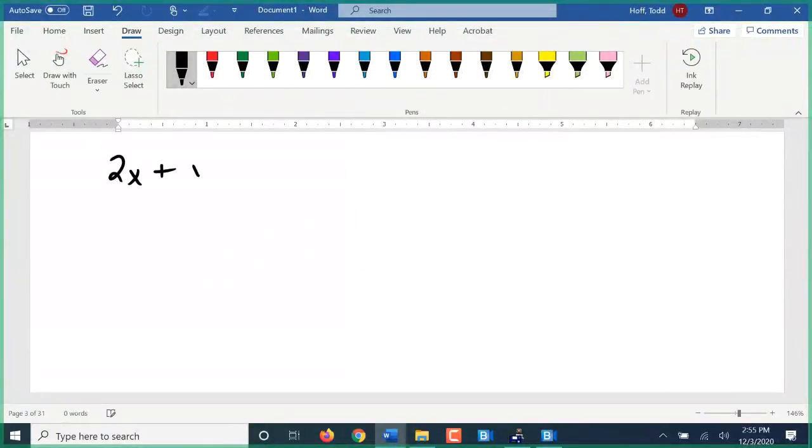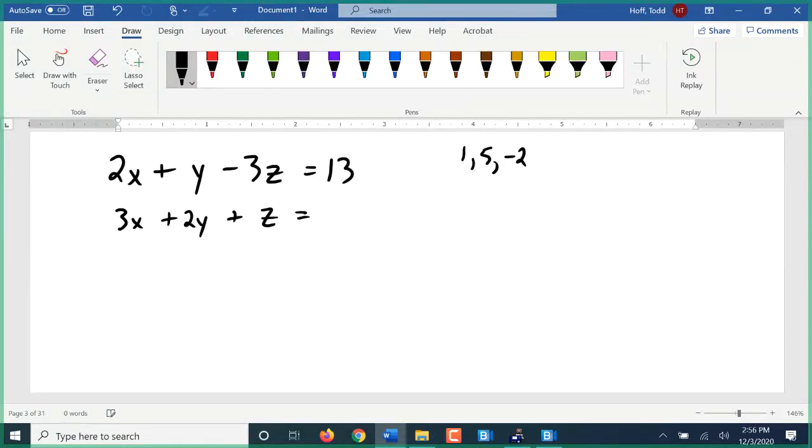So 2x plus y minus 3z, let's see, it's 13. 3x plus 2y plus z equals 11.